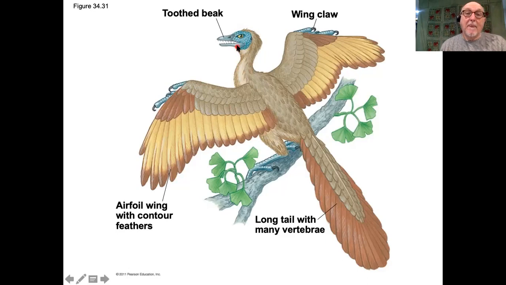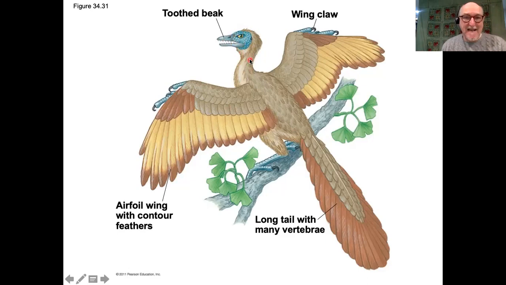Second of all, a very important difference between these primitive birds and modern birds: the primitive ones have teeth. They have teeth in the jaw here. Modern birds do not. Third, they have more scales.